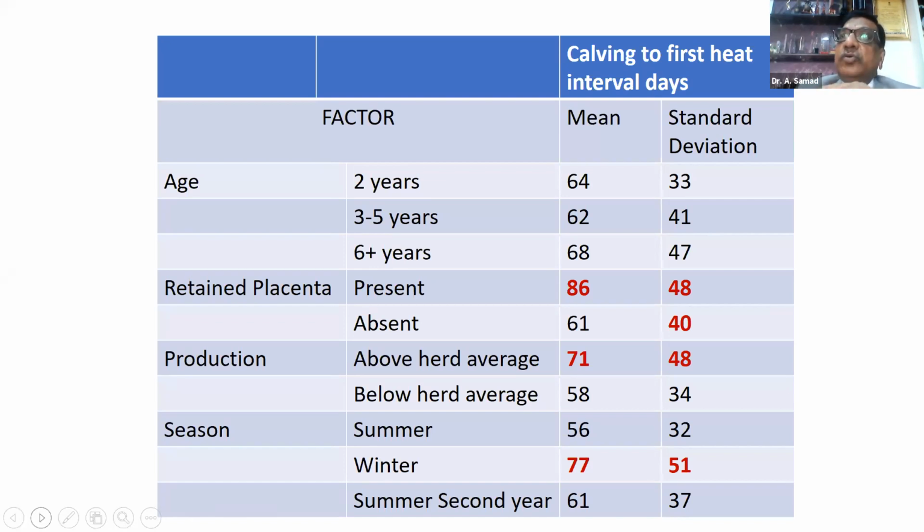Similarly, the data also shows that this problem exists more in those animals which are high yielders, because in high yielders you can see 71 and the standard deviation is 48. So again, there are a few animals that are having this problem. That is suggesting that there is a problem of peak yield management here. There is a problem related to energy.